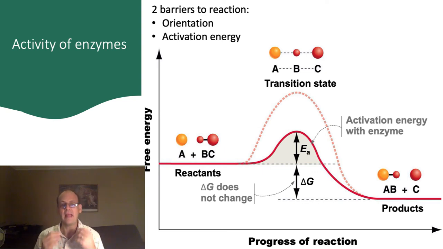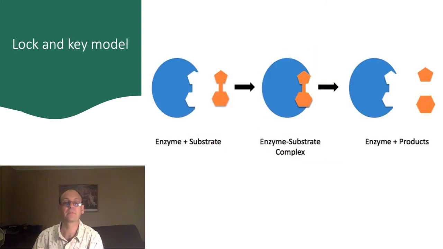Notice that the action of the enzyme is to reduce the activation energy only. It doesn't change the free energy of either the reactants or the products. Therefore, the change in free energy, the delta G, remains the same with or without an enzyme. Furthermore, the reaction remains exergonic, with or without that enzyme.